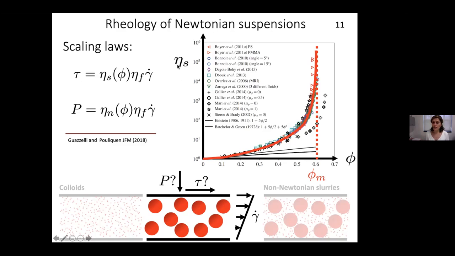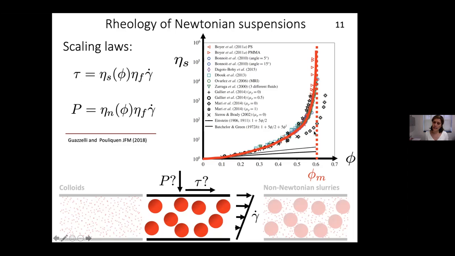So the relative shear viscosity, as we expect, is an increasing function of solid volume fraction. And it seems that it diverges at a critical volume fraction that I'm denoting by phi m, and this is the maximum jamming volume fraction in the system. And I want to draw your attention to this divergence here.